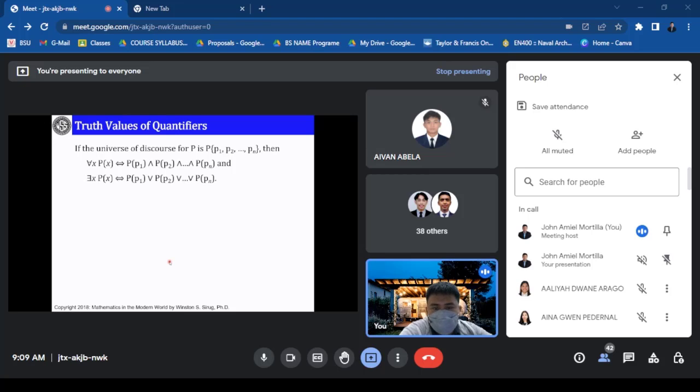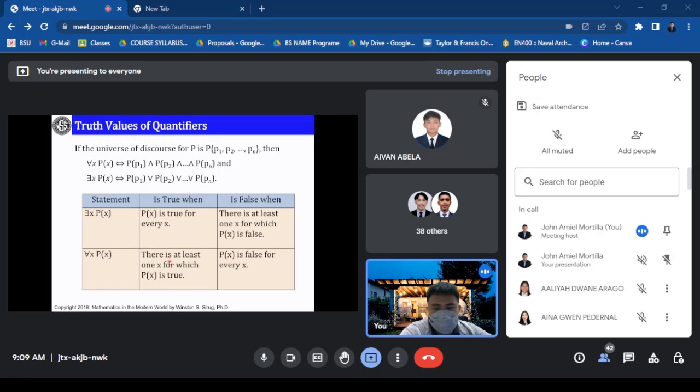So truth values of quantifiers: if the universe of discourse for P is P1, P2, and so on to Pn, then for all x, P of x, ito ang mga following statements. It is true when P of x is true for every x. So false siya if there is at least one x for which P of x is false.